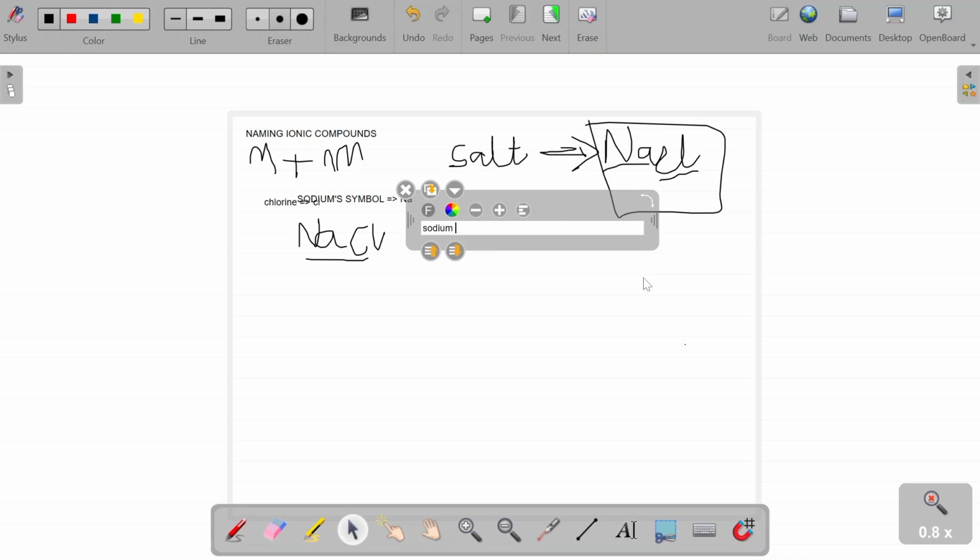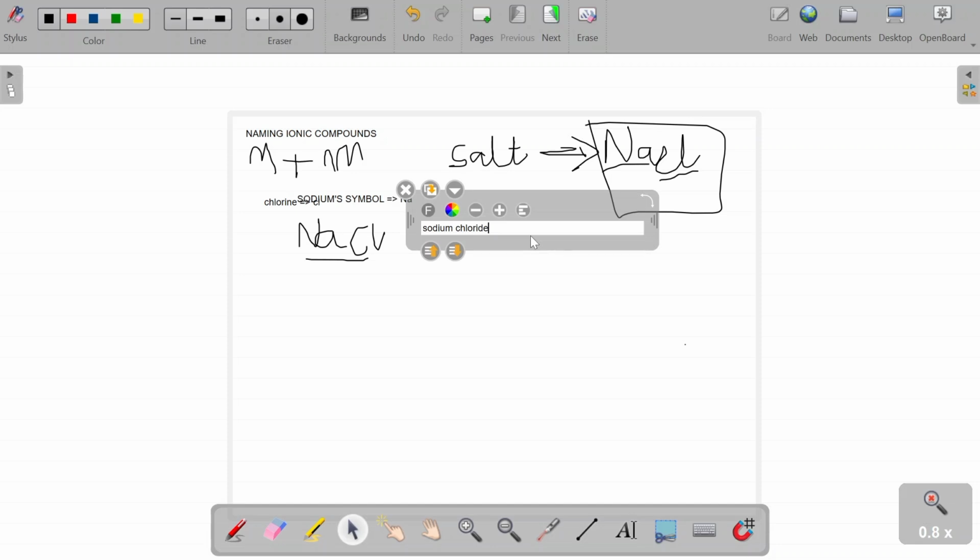Now, the second element of this compound is what? Cl. And Cl stands for chlorine. So sodium, and then we write the second element, chlorine. But this is not what it's called. It's called sodium chloride. That means we change the ending of chlorine to IDE, which is chloride.